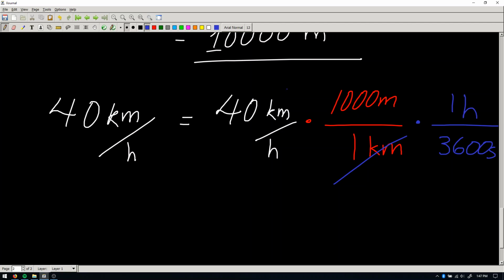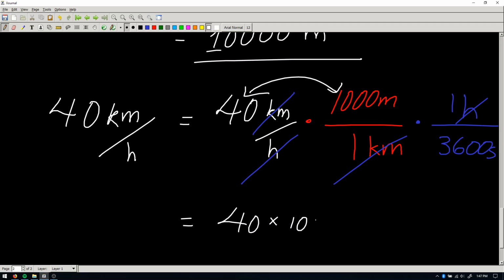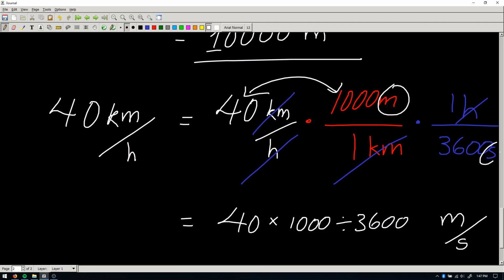So now I can cancel kilometers, cancel hours, and basically what I'm doing is I'm going 40 times 1,000 divided by 3,600, and that'll lead me to meters per second.